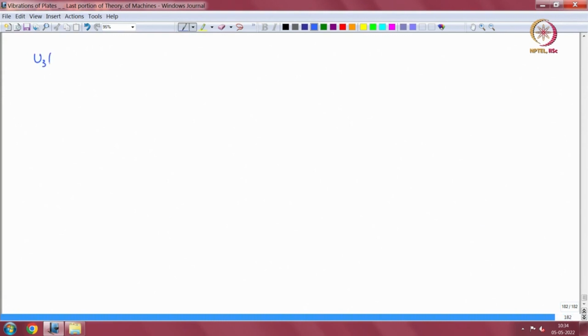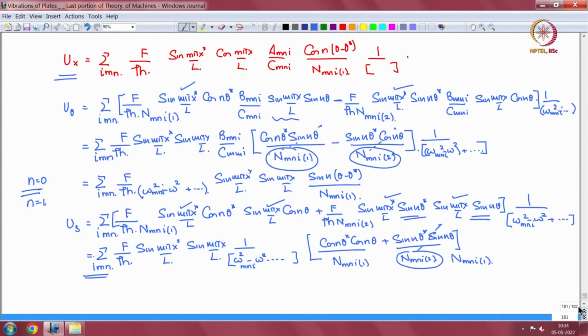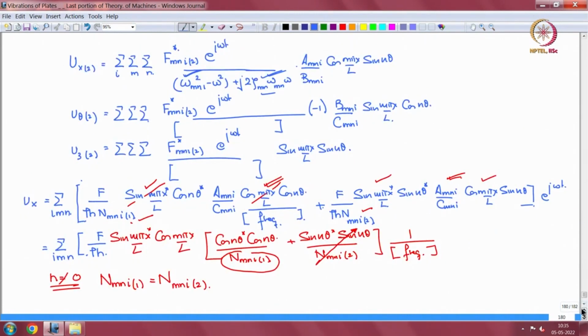u3 of x, theta, t. Okay, I have not been putting the temporal term, which is a mistake, so there has to be e to the power j omega t everywhere. Yeah, it was here but later I dropped.